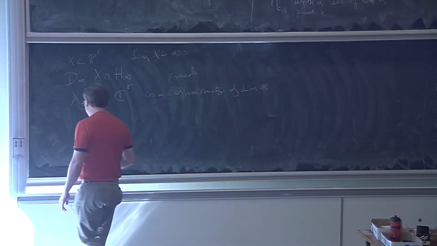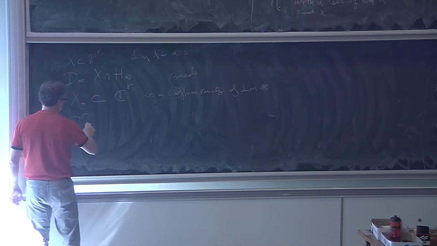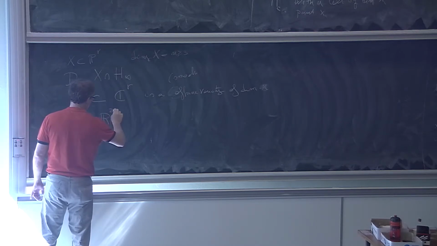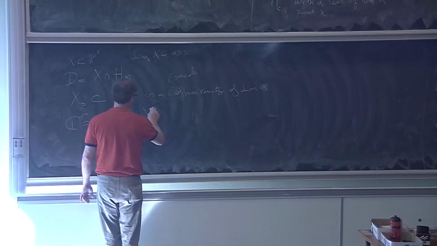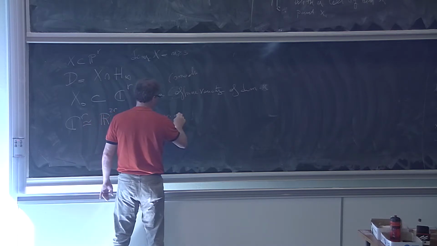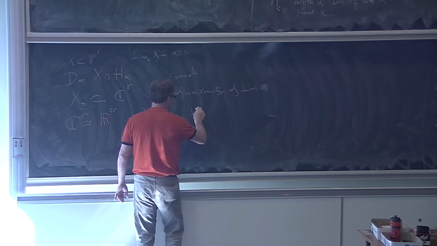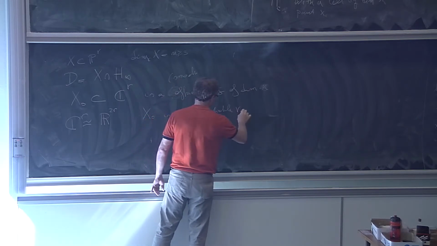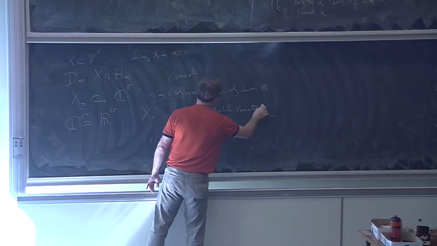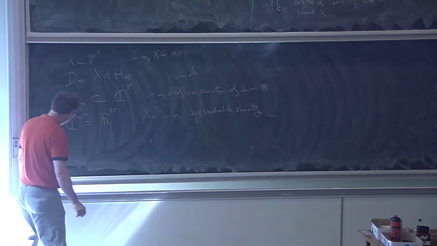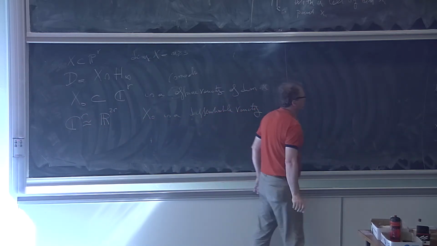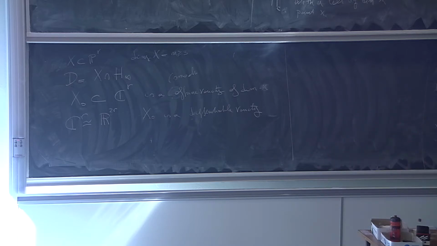If I identify C^r with R^{2r}, X0 becomes a differentiable variety. Okay, so I am in the situation to apply techniques from Morse theory.